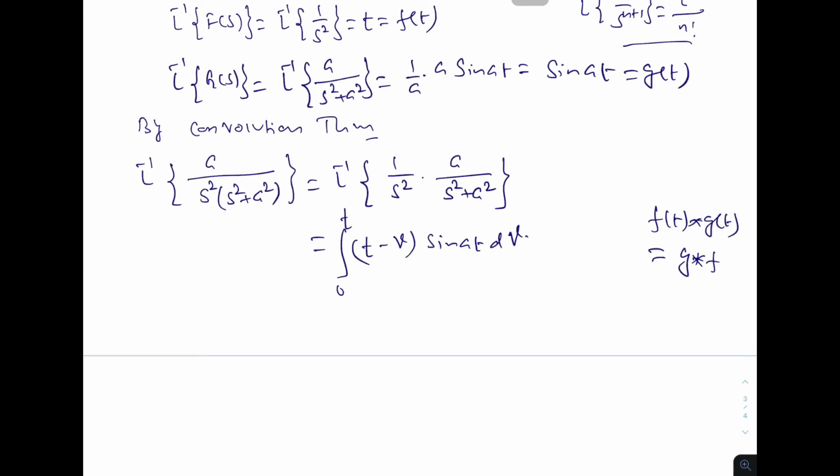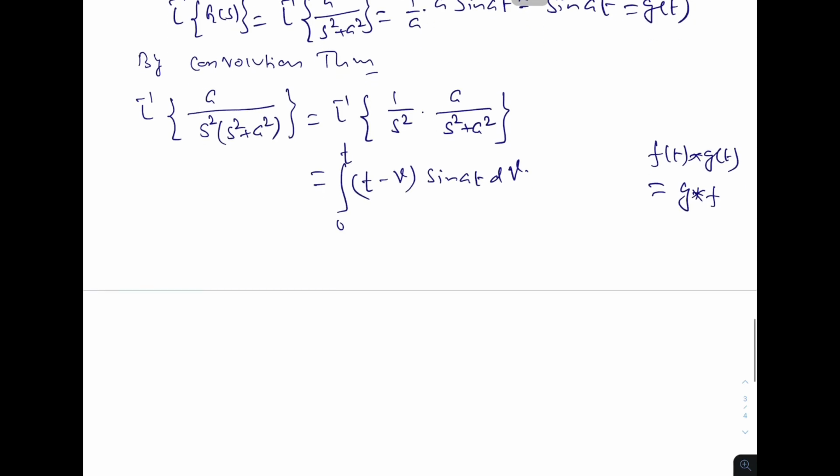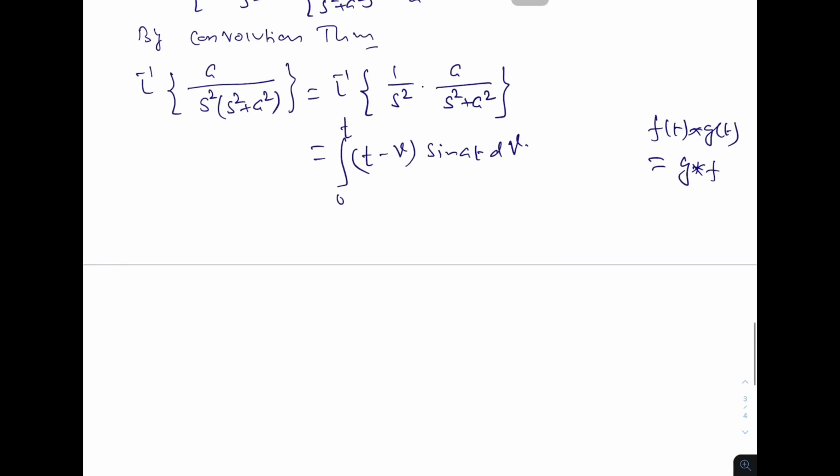Even if you write t and sin a(t minus v), then also not a problem, the answer will be there. That means you can also solve this example by the integral from 0 to t of (t minus v) sin av dv, no problem.